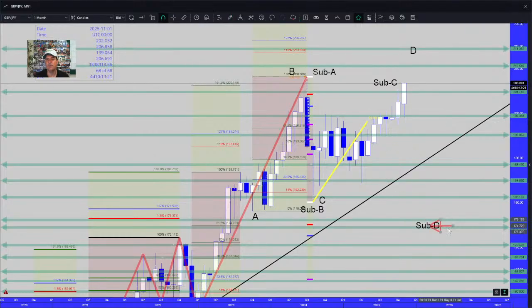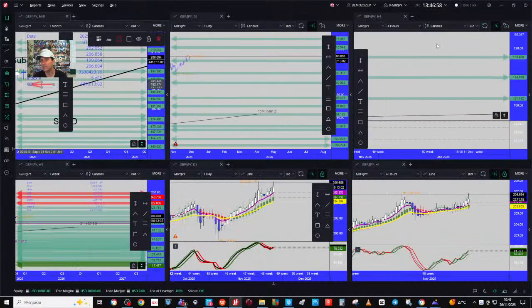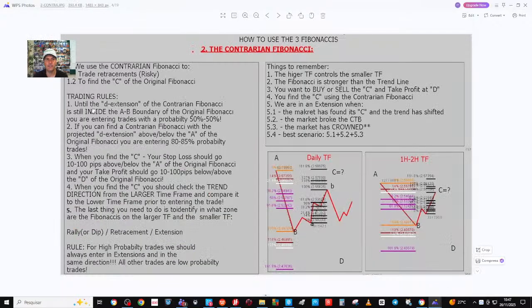Until the sub D extension is inside the capital A, capital B original Fibonacci, and you are going to buy the original Fibonacci, you have a 50-50 chance. This is what the picture says. Okay, everybody? Until the sub D extension of the contrarian Fibonacci is still inside the AB boundary of the original Fibonacci, you are entering trades with a probability of 50-50. Okay?